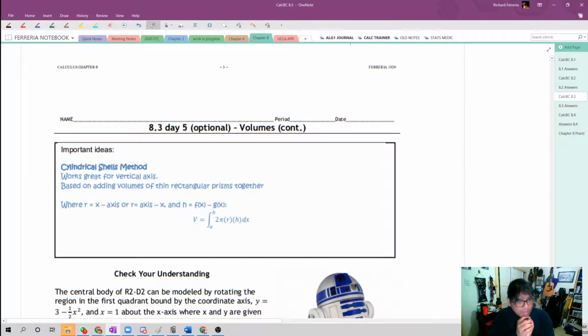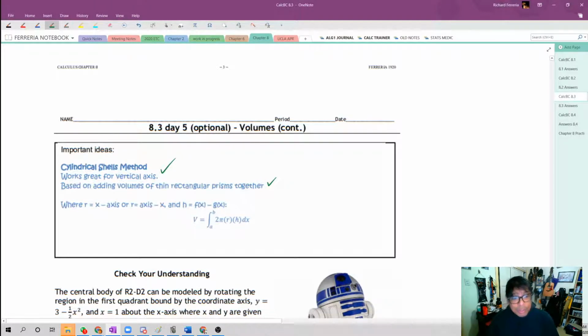Okay, here is our general cylindrical shell method. Works great for vertical axes. It's based on adding together thin rectangles, kind of like the layers of the onion or the layers of the drum. And R is going to be x minus the axis of rotation, or the axis of rotation minus x.